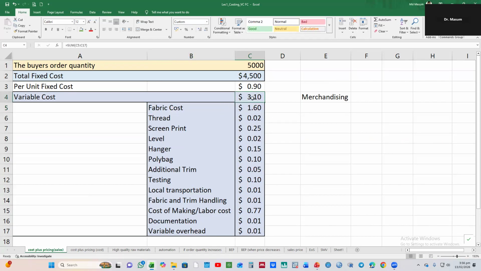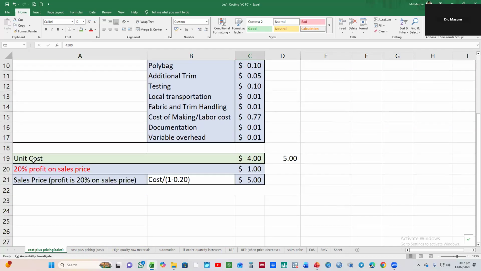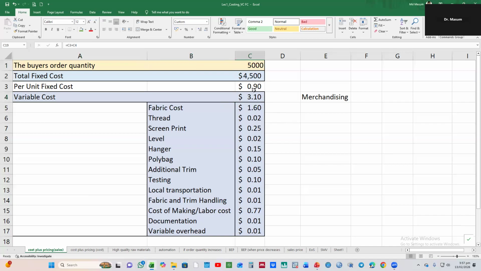So producing the product the buyer is demanding costs $3.10 variable, and the buyer is interested in buying 5,000 units. You divide your fixed cost of $4,500 by 5,000 units, and your per unit fixed cost will be 0.90.